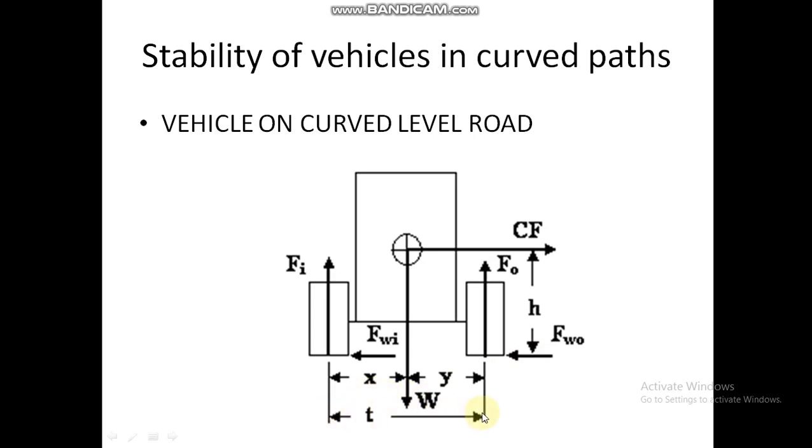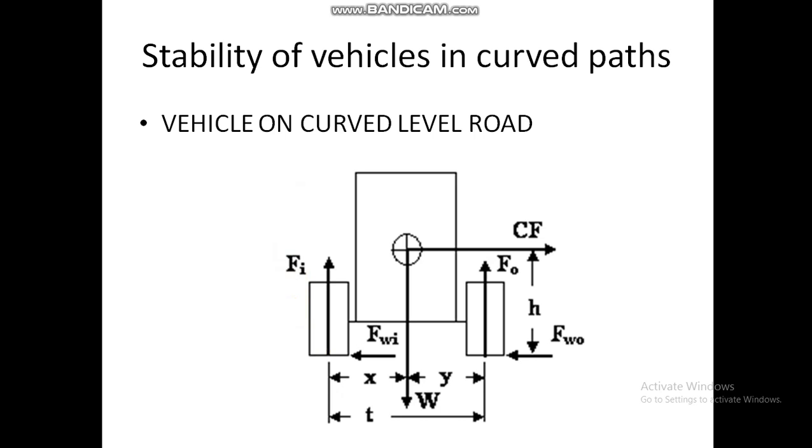This T is the wheel track, that is the distance between the front tires or rear tires, and X and Y represent the distance of center of gravity from the inner wheel and outer wheel respectively. First of all, you should be very clear about all the forces and directions of the forces given in the figure.